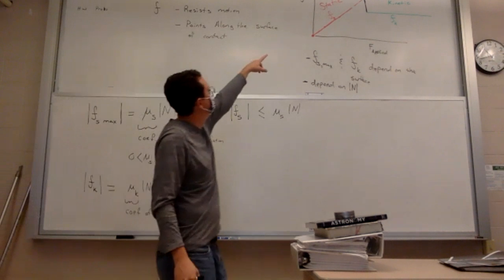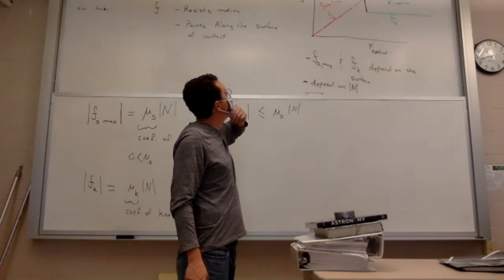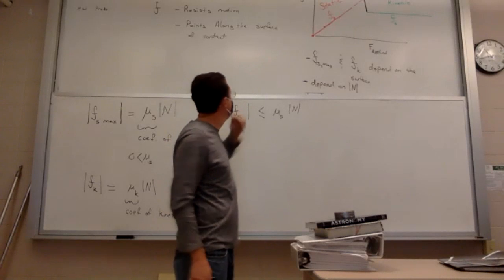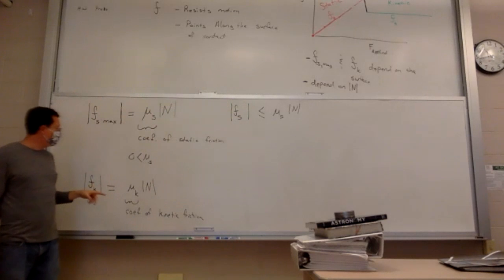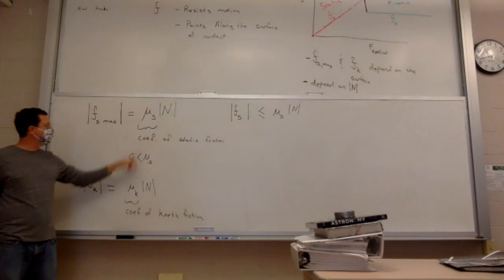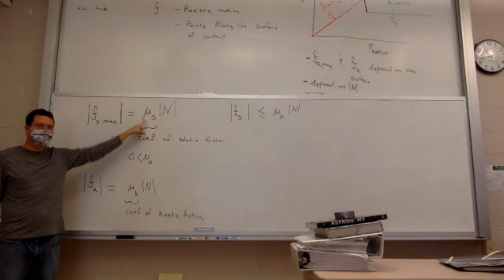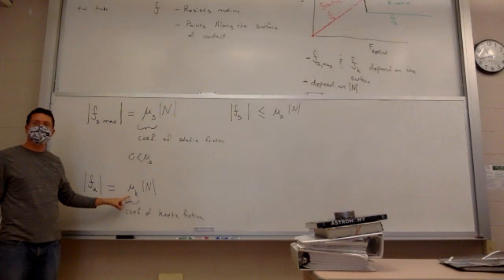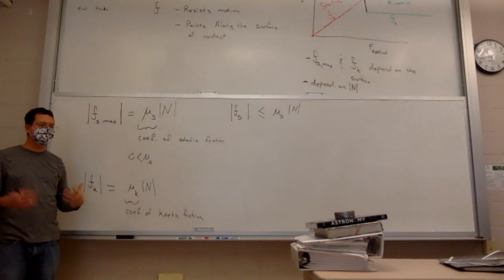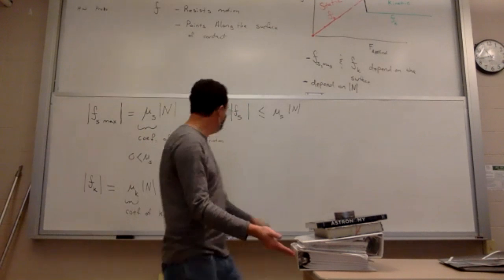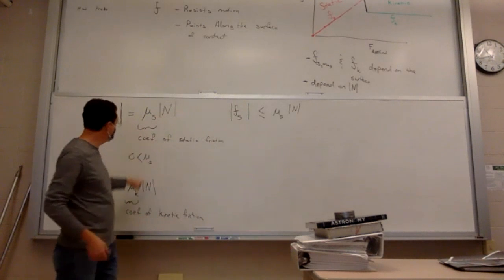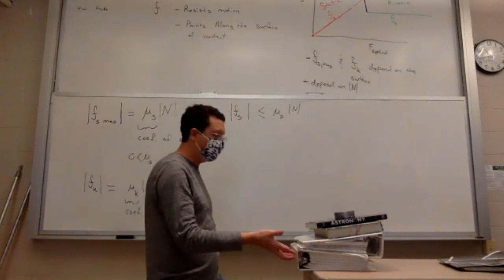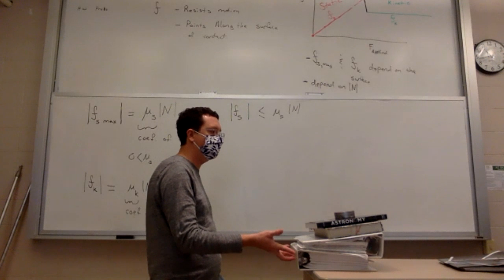Now, what do you think? Can you tell me something from that graph about what you expect in terms of the size of the coefficient of static friction versus the size of the coefficient of kinetic friction? So you're given these books. The normal force doesn't change. It's going to be what it is. Same normal force. I push, I push, I push.